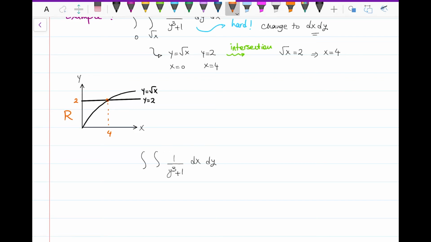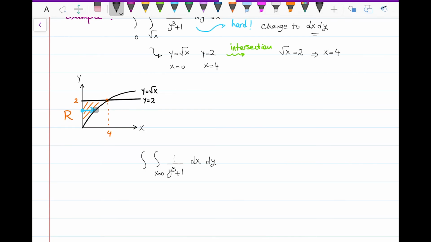Okay, so the region R was here. Now that we have dx first, to write the bounds with respect to x, I need a line parallel to the x-axis like this. The first point lies here, and this is x equals 0.